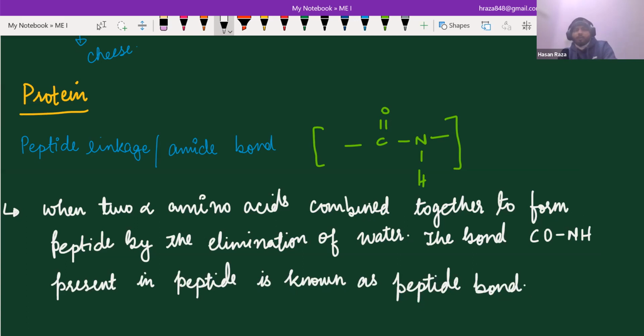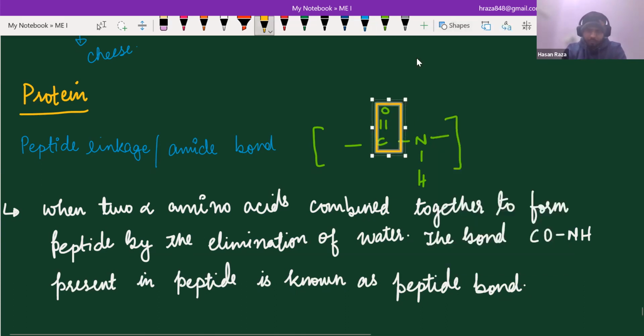So basically, when you combine 2 alpha amino acids, there will be removal of water, and the bond between CO, as you can see, this is your CO part, and this is your N, CON.